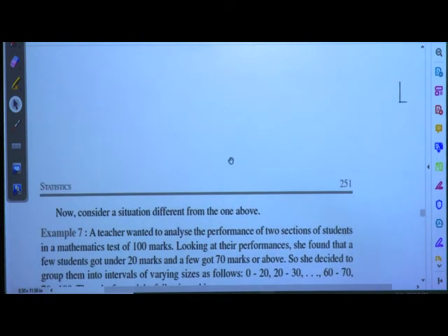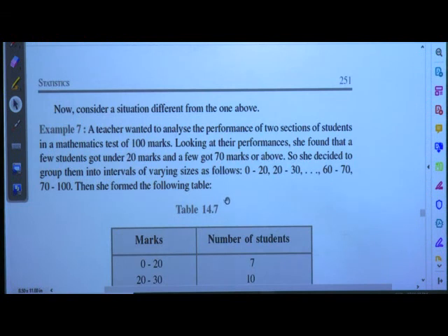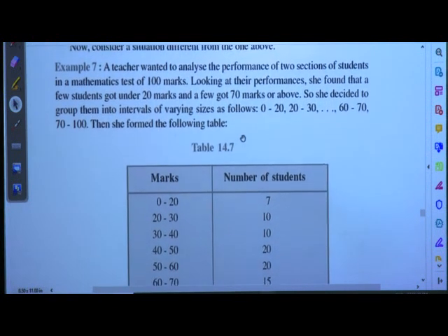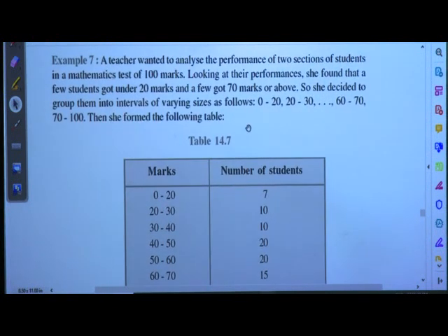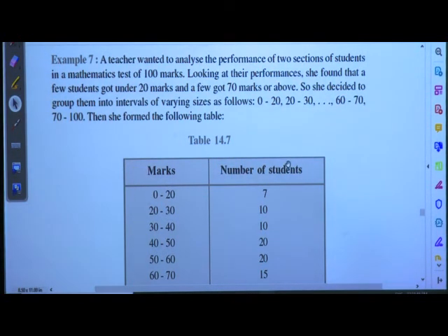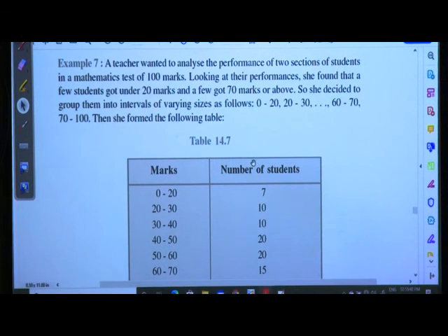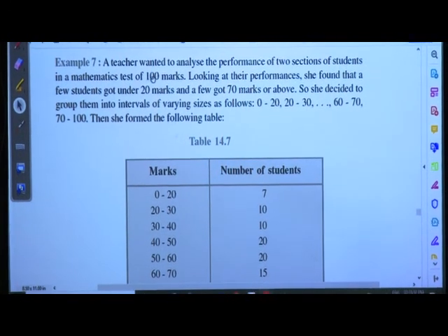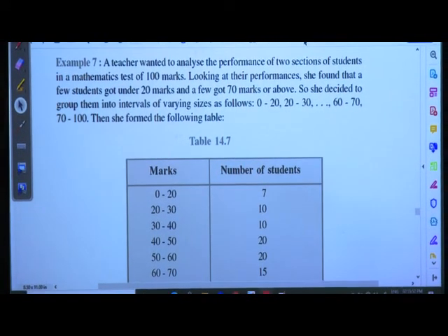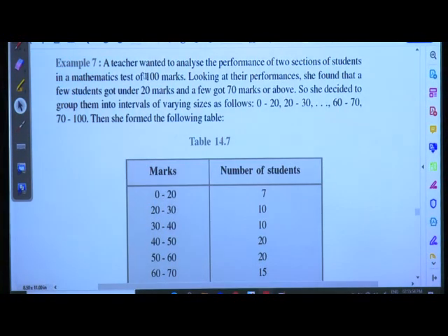Here you can see, this is the question. A teacher wanted to analyze the performance of two sections of students in a mathematics test of 100 marks. The test is of 100 marks.